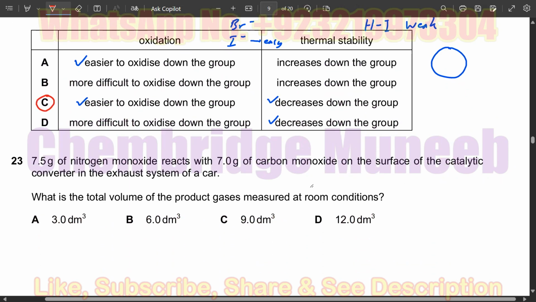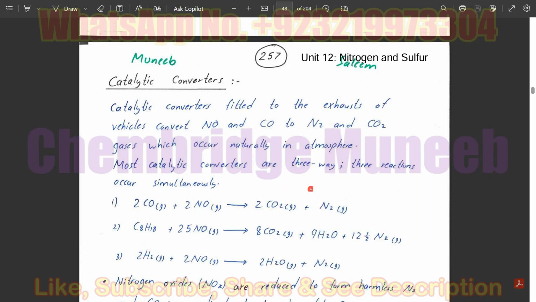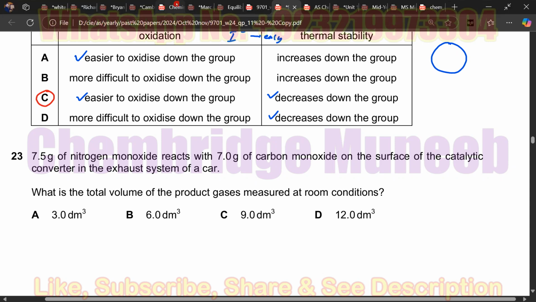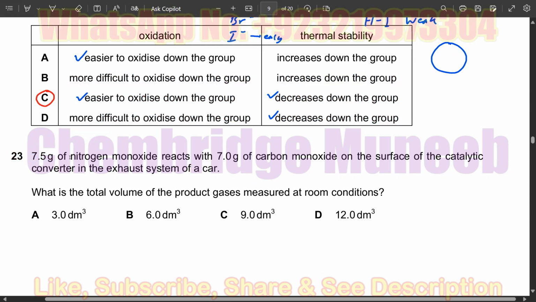Now question number 23. Question number 23 says 7.5 gram of nitrogen monoxide reacts with 7.0 gram of carbon monoxide on the surface of the catalytic converter in the exhaust of the car.